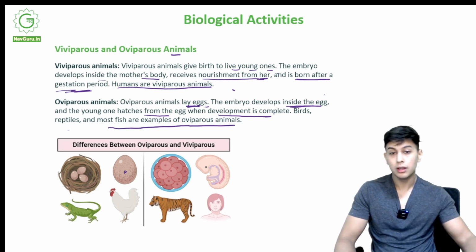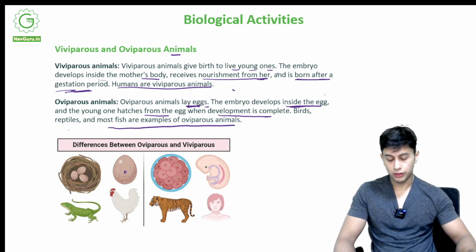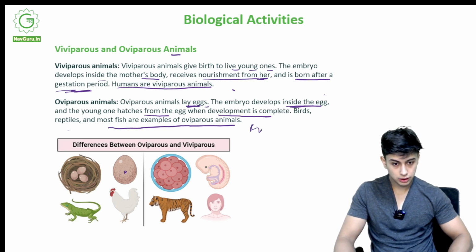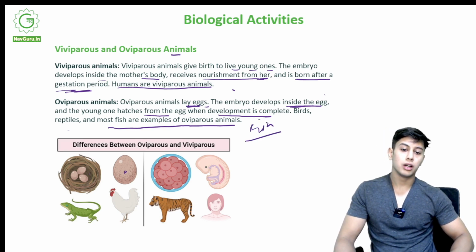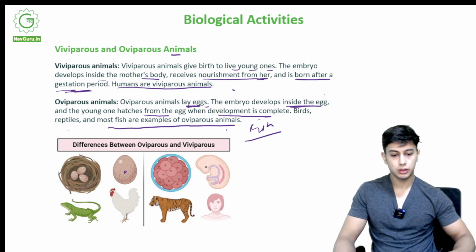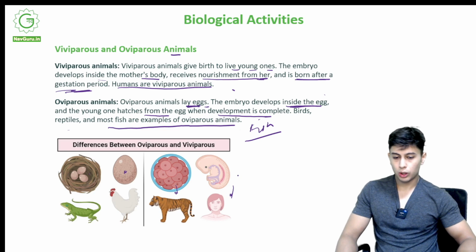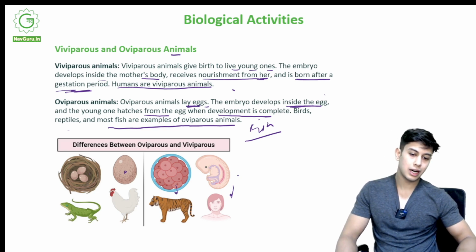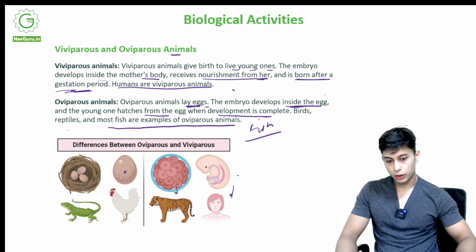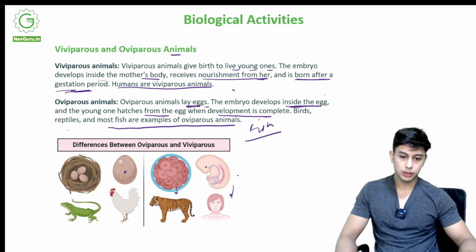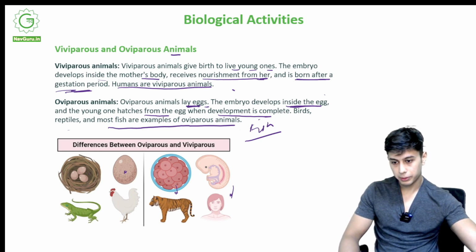Fish reproduce through oviparity. Viviparous would be tigers, us humans, horses, buffaloes, cows, all the mammals. We are viviparous.